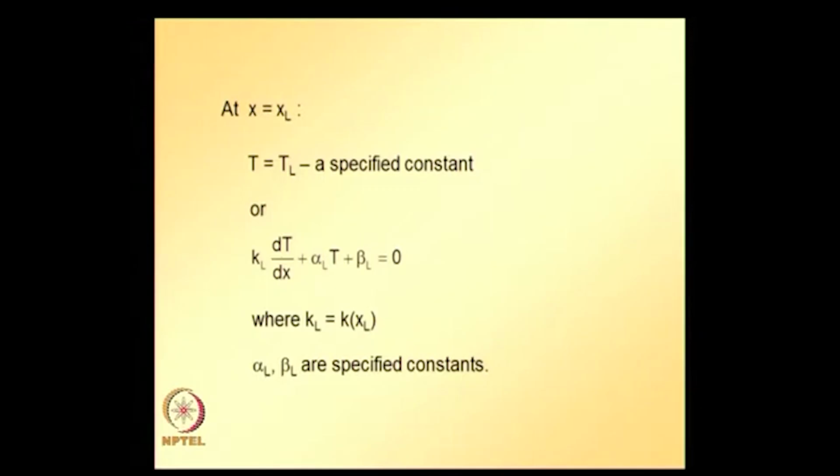The differential equation is given, the problem domain x goes from x0 to xl, and at the two ends either essential or natural boundary conditions may be specified. This is what we assume, and with this we will start.